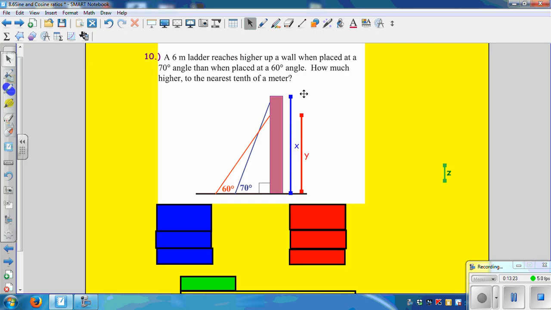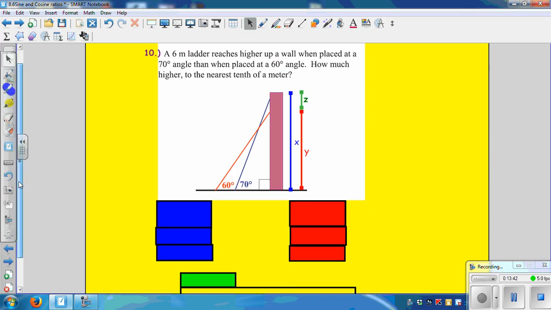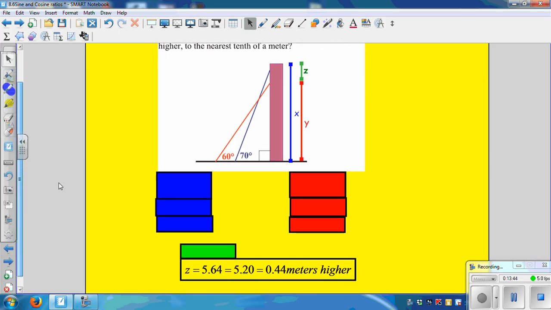And the question is asking how much higher is the x height compared to the y height, or how much taller is the ladder when it's placed at 70 degrees versus 60. In other words, how much higher is it up on the wall? So this difference is this letter z. But in all of these cases, these are perpendicular relationships anyway.